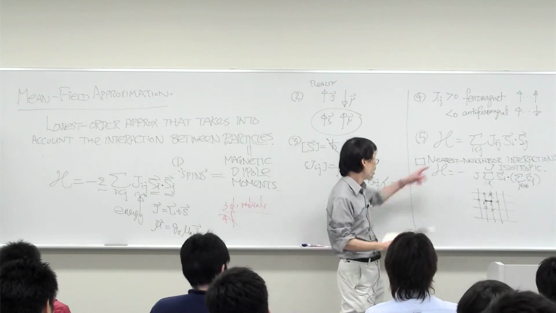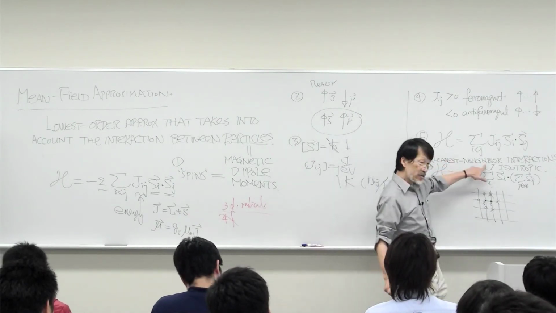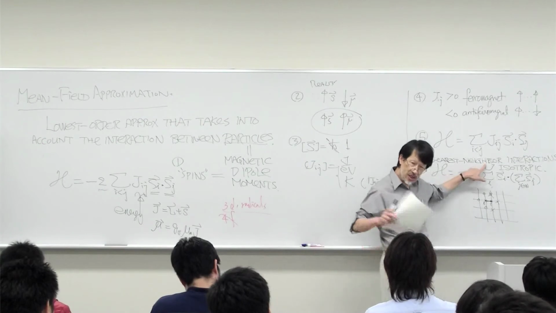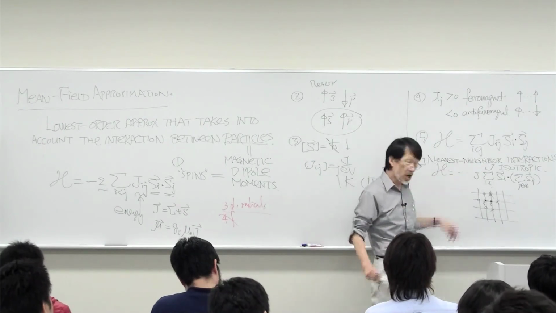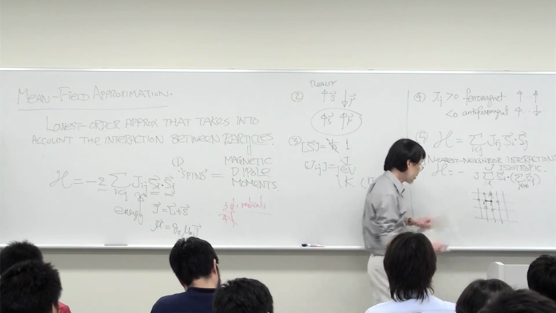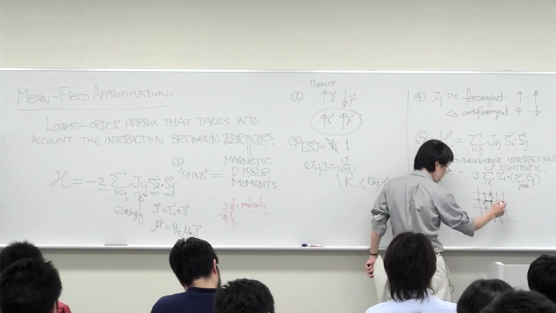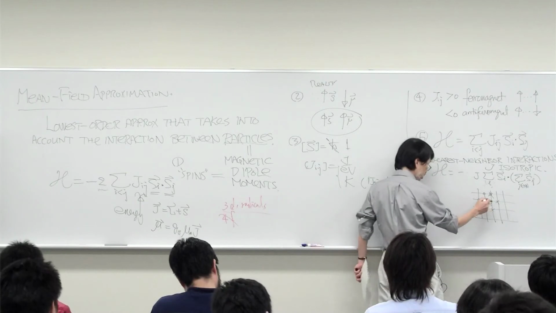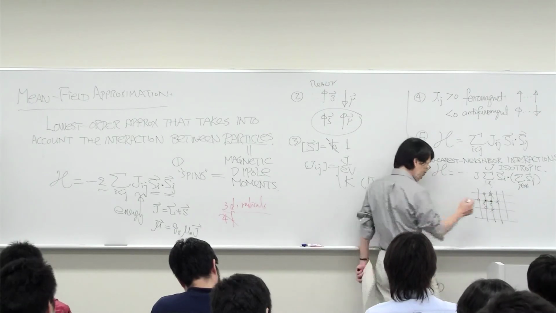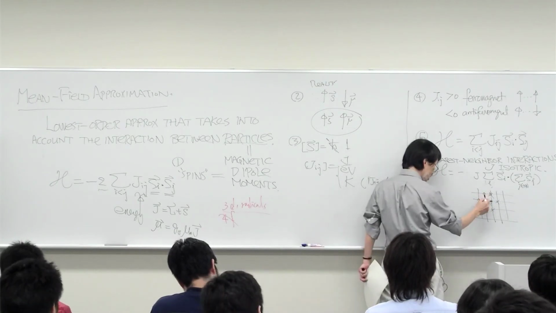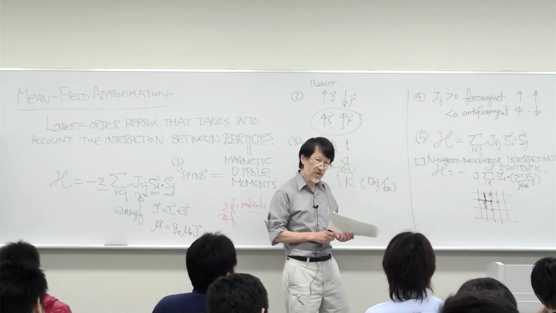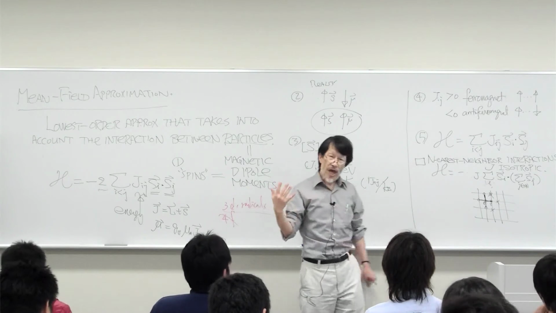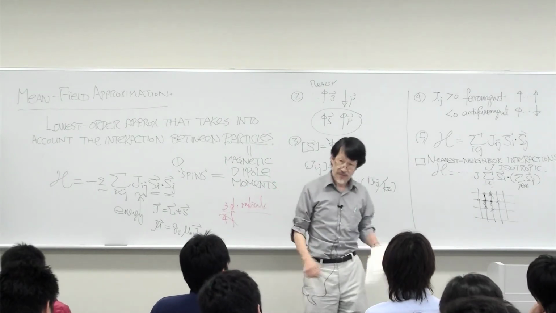So far, there's no approximation. The only thing is that we are considering a case in which J does not depend on which neighbor you're talking about, and the interactions are only between nearest neighbors, right? So if you look at this spin located here, by spin we mean the magnetic dipole moment, it interacts with 4 nearest neighbors if the ions are arranged on a square lattice.